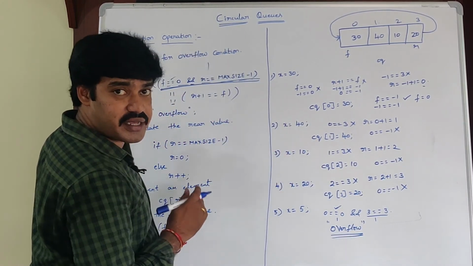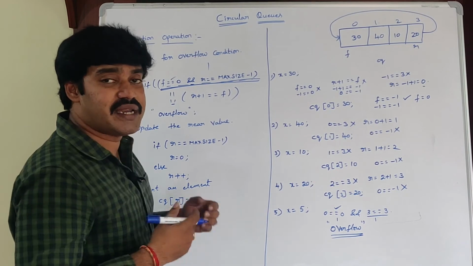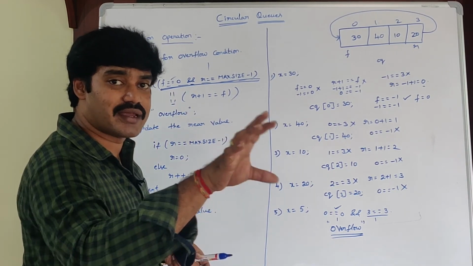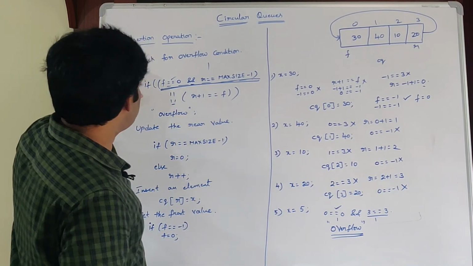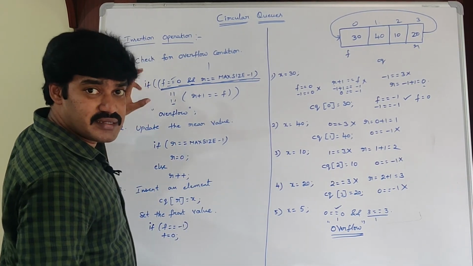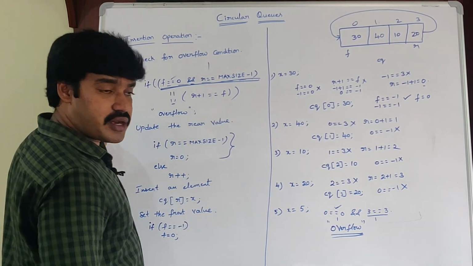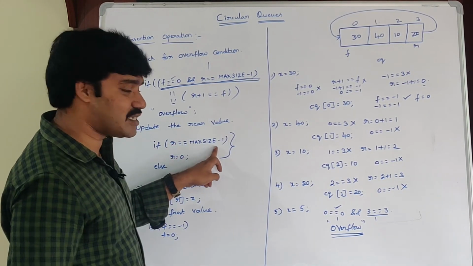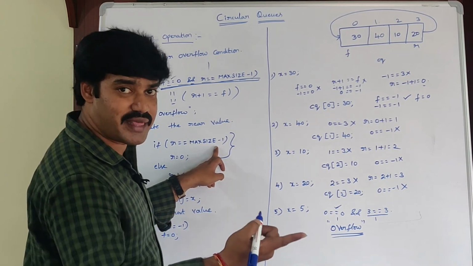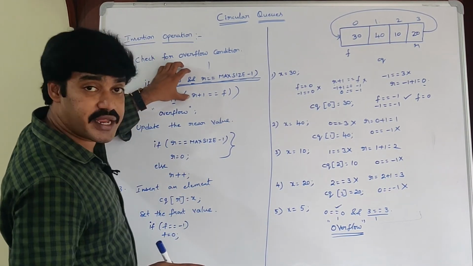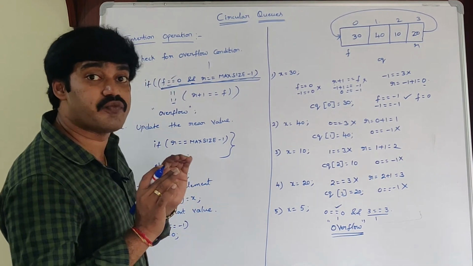So this is nothing but insertion operation. What is the difference between insertion operation of a queue data structure and insertion operation of a circular queue data structure? First one is overflow condition. Second one is this one. What is a circular queue? Whenever the rear pointer reaches max size minus 1, if we try to insert an element, then reset that one to 0 if circular queue data structure is not full.